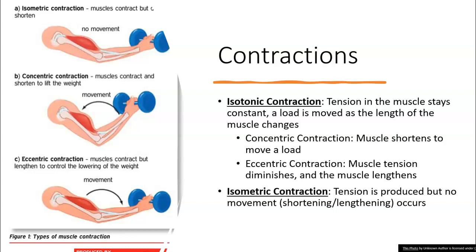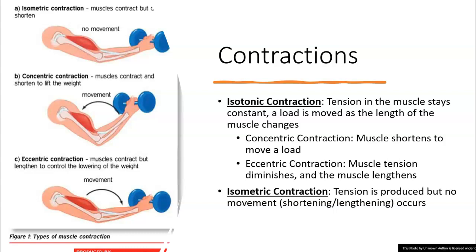Our muscles are still contracting, but there's no actual shortening or lengthening occurring because we cannot generate enough of a contraction to actually move it. So we're generating a muscle contraction without generating any kind of movement. The angle of your elbow is going to stay the same because we can't generate enough force to move things.